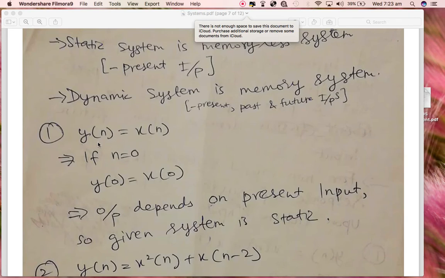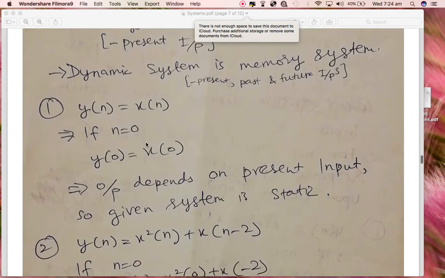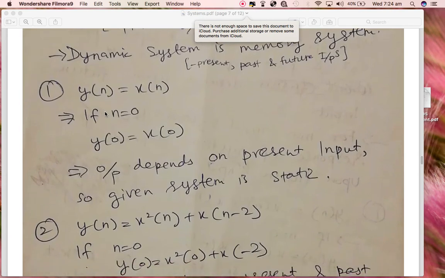If this is a kind of output over here, and there is an equation of the system, and we have to tell whether that equation is reflecting a static system or a dynamic system, then we have to do this exercise.